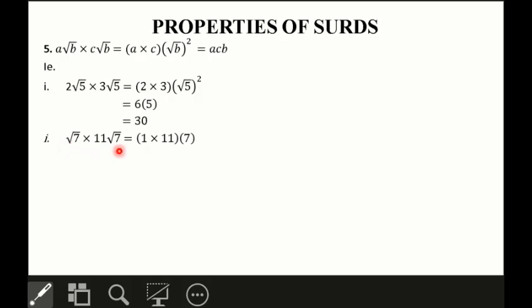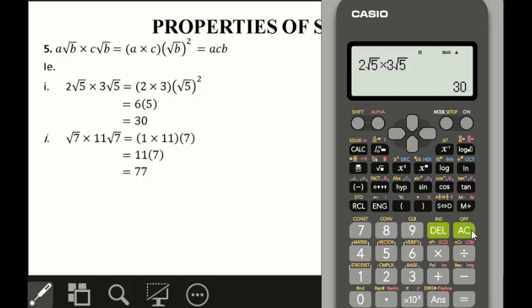So when we are multiplying these two expressions, the 1 in front of this root 7 will multiply the 11 as 1 times 11. Then the root 7 times the root 7 will give us 7, right? Good. So 1 times 11 will give us 11. Then we multiply the 7 too, as 11 times 7. Then the final answer will give us what? 77.